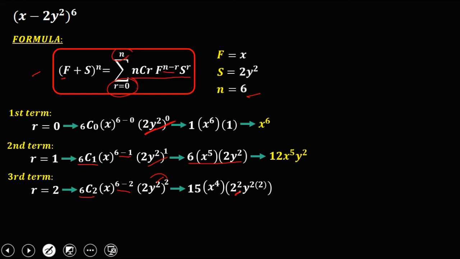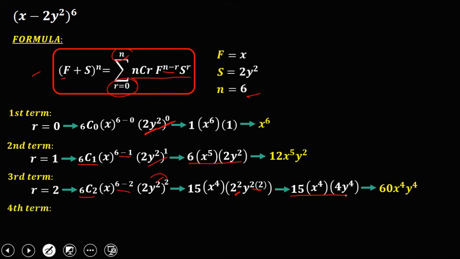So 2 to the power 2 is 4, and 2 times 2 gives y to the power 4. Then you multiply, so that's 60x to the power 4, y to the power 4.